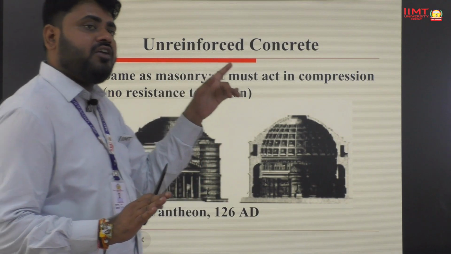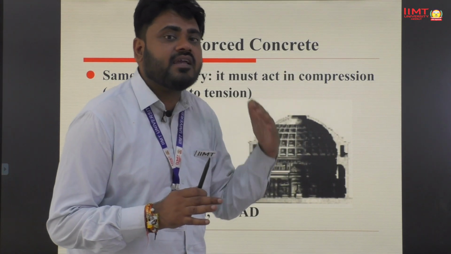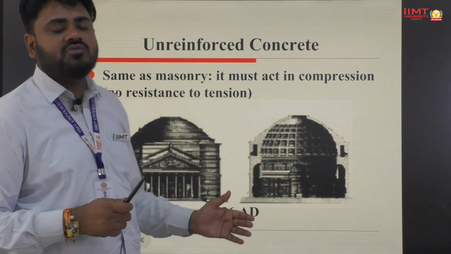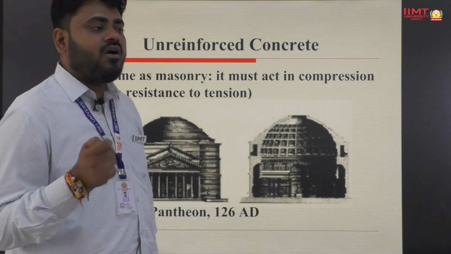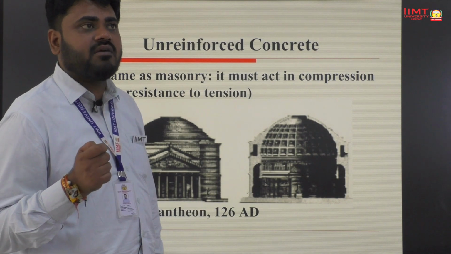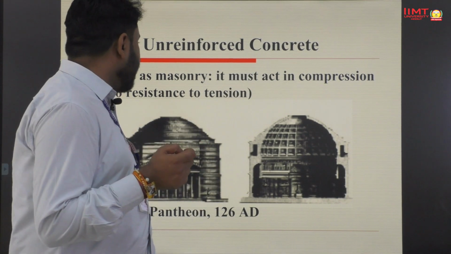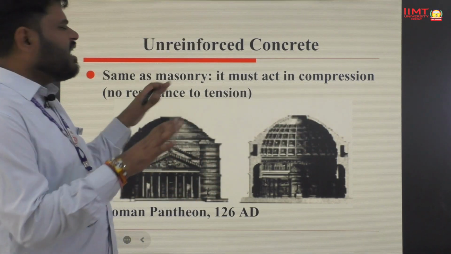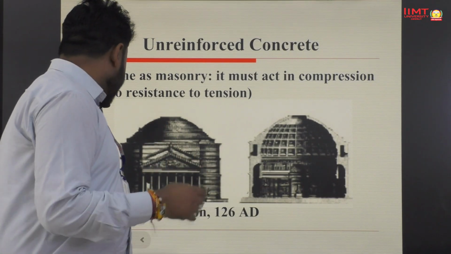Then if we know that concrete is weak in tension, that's why we are going to use reinforced cement. Understood? Concrete is a compression member, and we have to depend on this. So this type of structure must act in compression, there is no resistance to tension. Next slide.